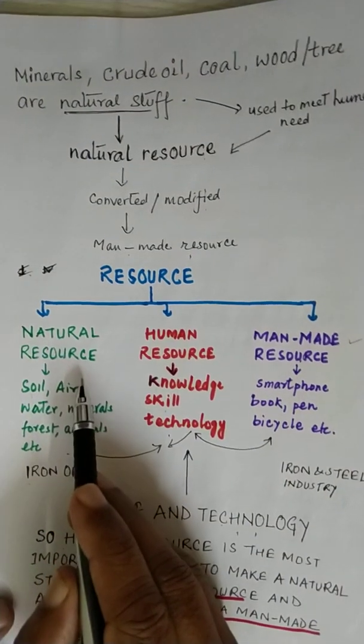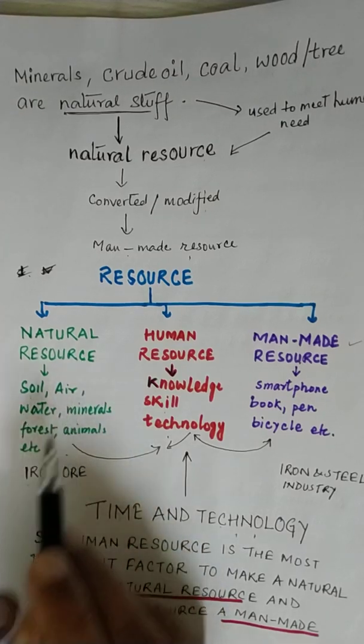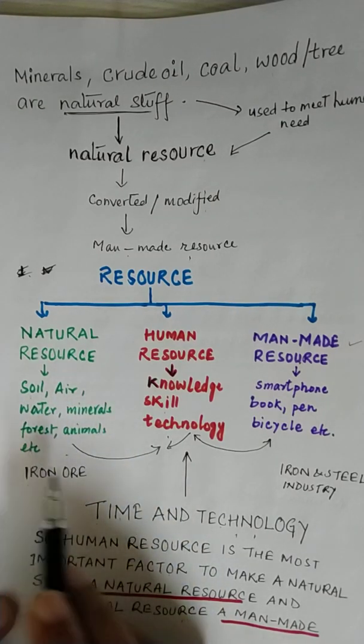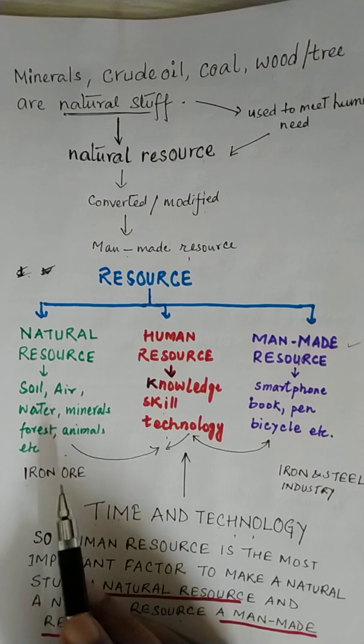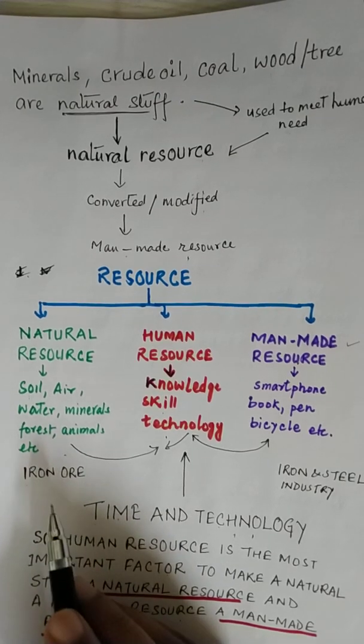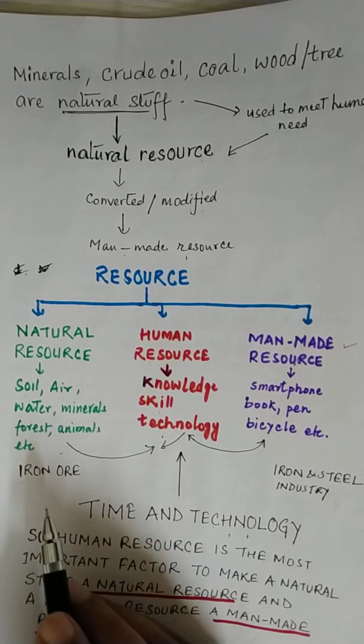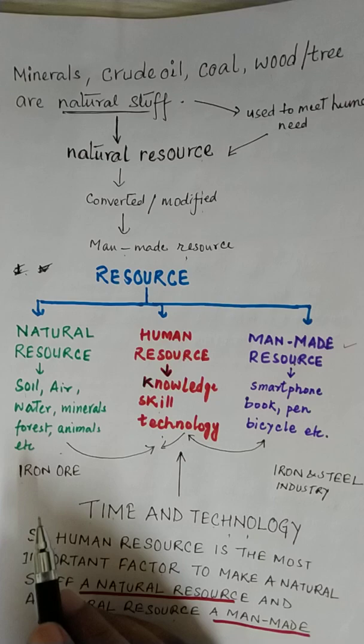Now, natural resource, for example, soil, air, water, mineral, forest, animal are natural resource because they exist in nature and they are not created by human beings. So they are natural resource.